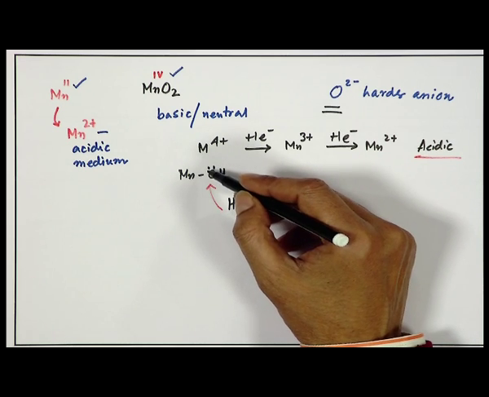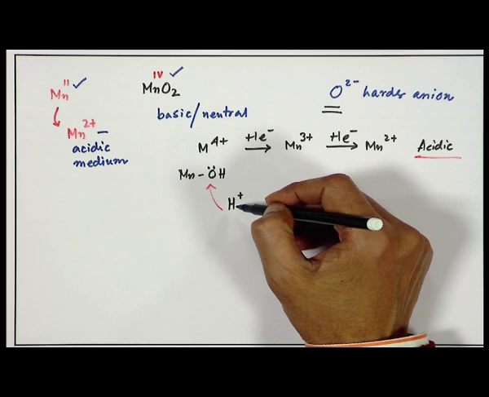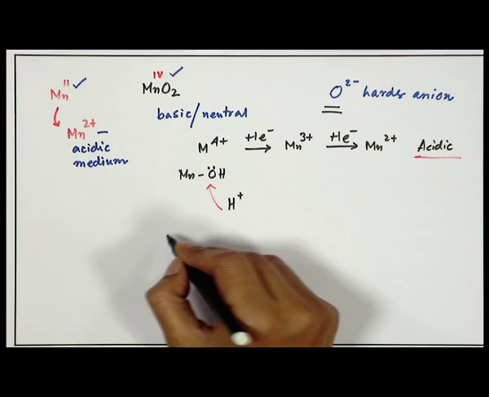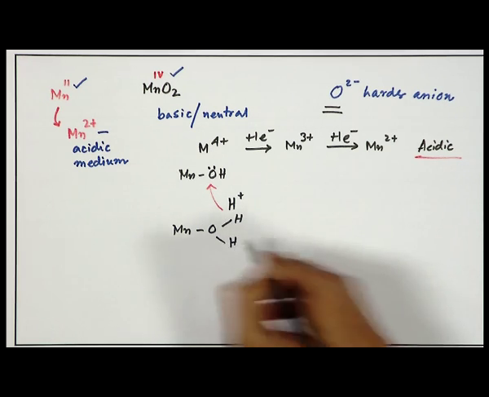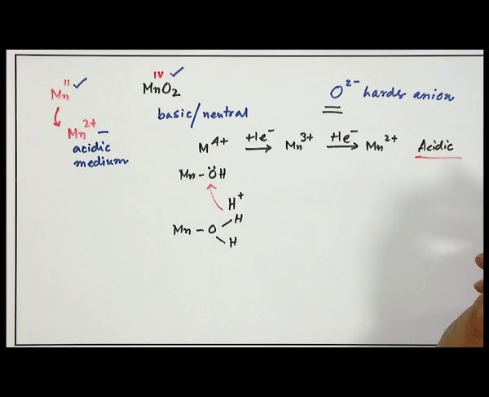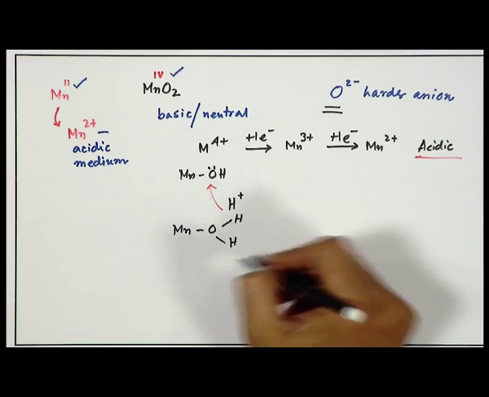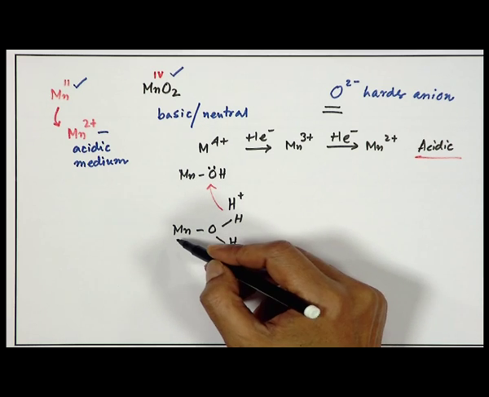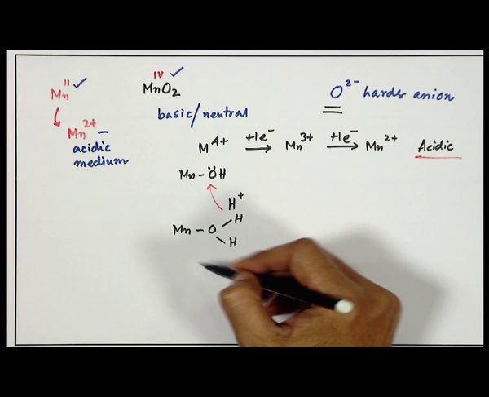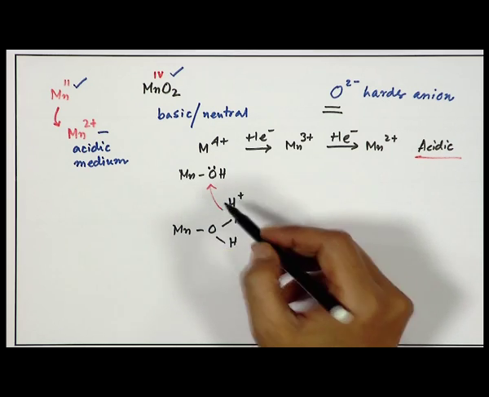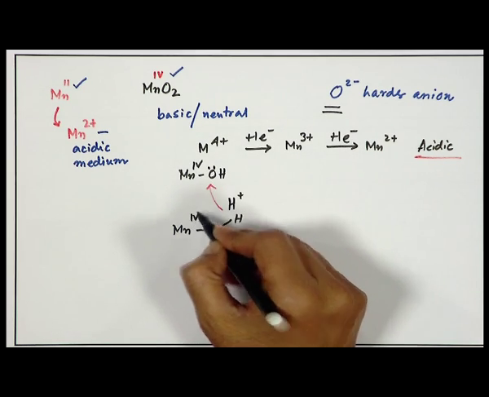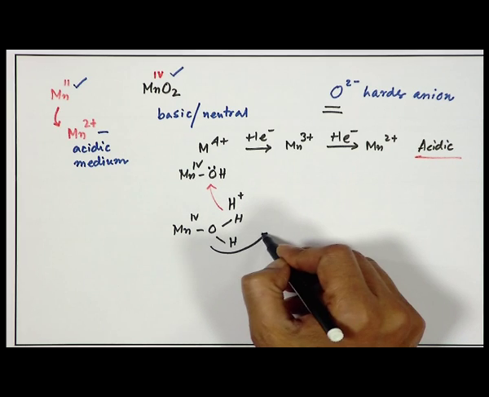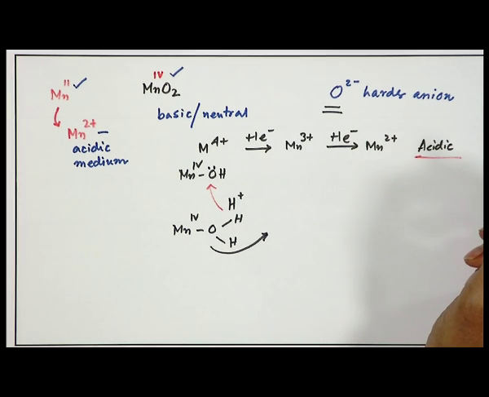In acidic condition this MnO goes back to MnOH2, that means the water molecule. As the water molecule is bound to manganese 2, it has no extra power of stabilizing the higher oxidation state.